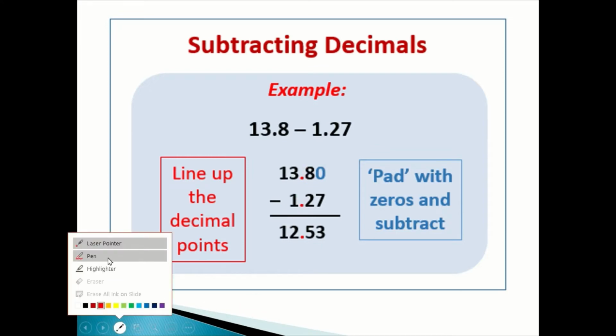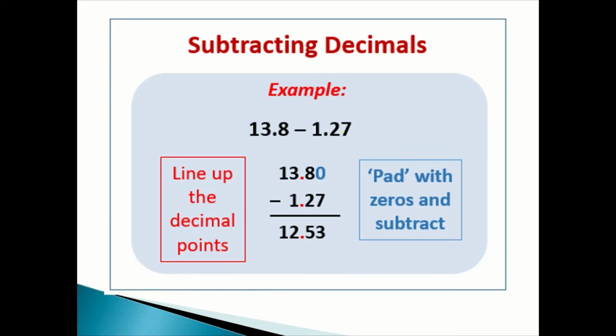So let me annotate here. Let's have another color because there's a red there. Okay, so you can see 8. Oh, that's not clear. Let's have this. 8 will become 7. And then 0 will become 10.